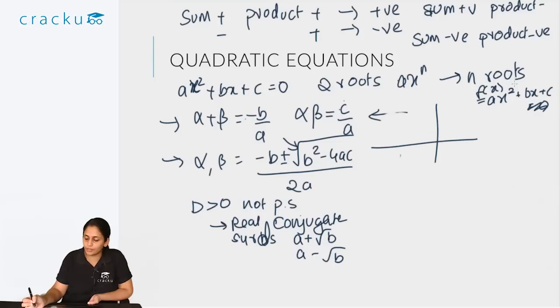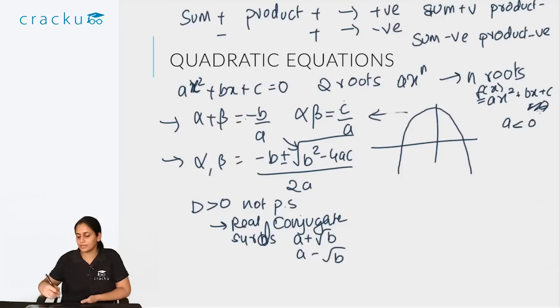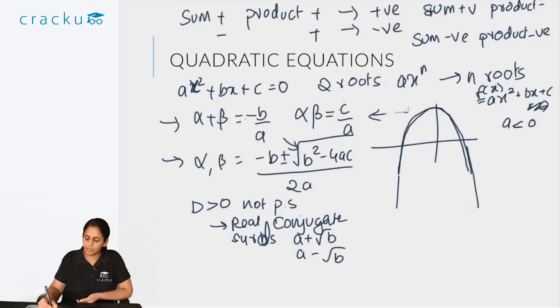If a is positive, then the graph of your equation is like this. If a is negative, then it's like an equation where the mouth is open downwards. What does this mean? It doesn't have a minima, it extends to infinity at the bottom, but it will have a maxima.